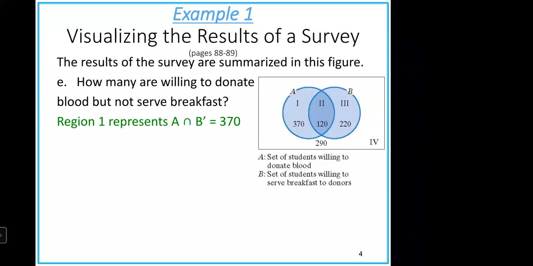Okay, and then we have F. Now for F, which is in your book, it says, how many students are willing to serve breakfast but not donate blood? So we go back to Ms. Nairn.